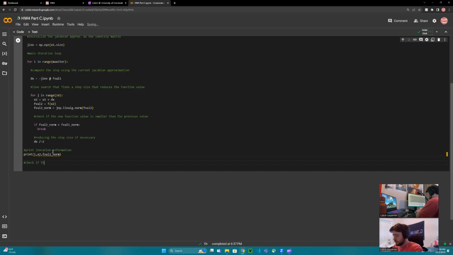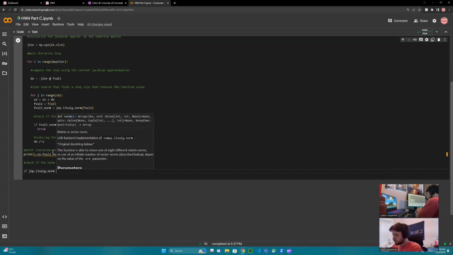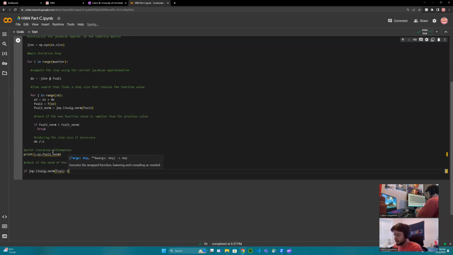If the function value is below the tolerance, JNP dot linalg dot norm of fval 2 is less than TOL.